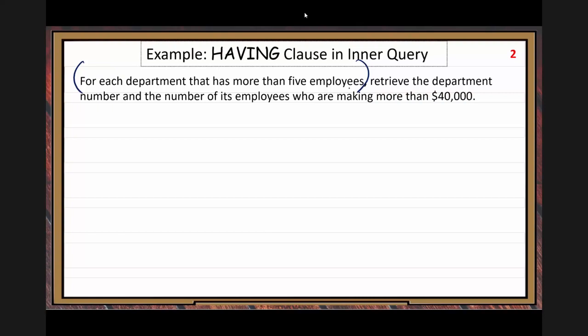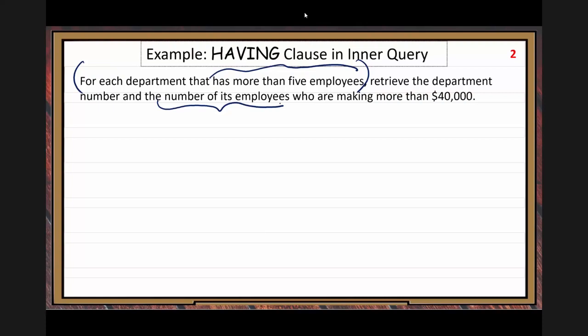Then the condition is specified in the HAVING clause. Retrieve the department number and the number of employees, an aggregate function, right? Who are making more than $40,000.